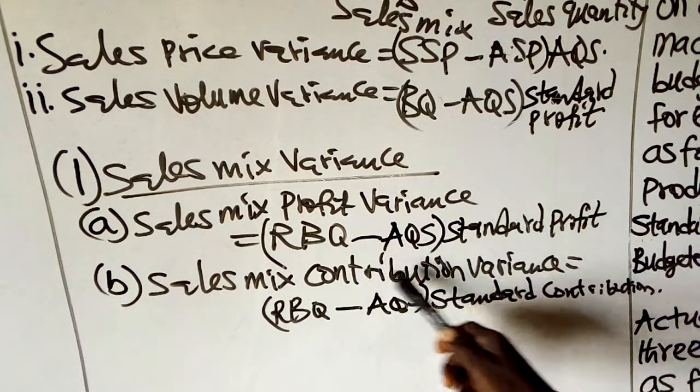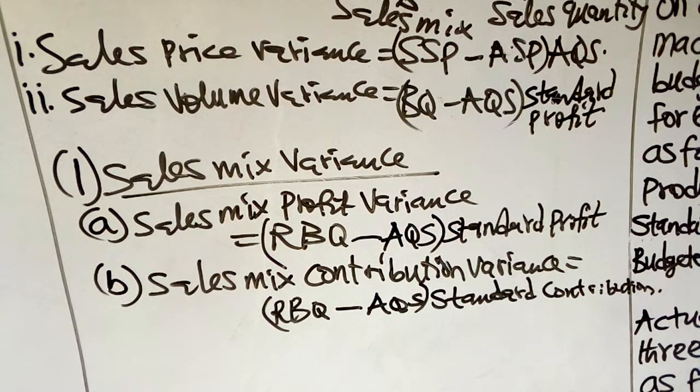That is sales mix contribution variance. Remember, contribution is selling price less variable cost per unit. Selling price minus unit variable cost will give us the contribution margin.